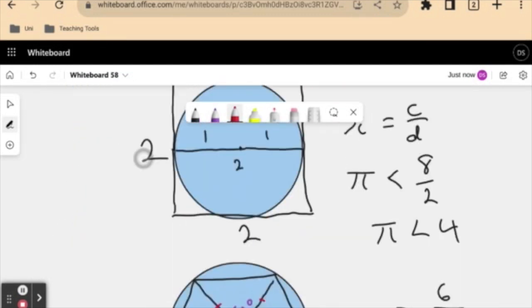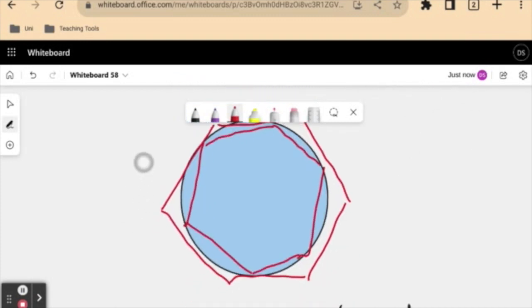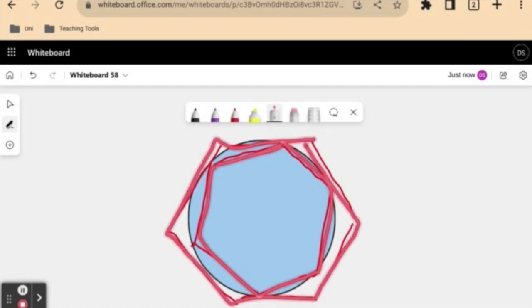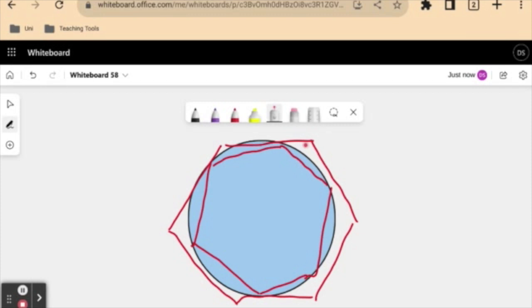So to get an approximation for what pi is, we're looking at a value it could be higher than, as well as a value that it can be lower than. And by adding more sides, we are gradually closing these bounds, smaller and smaller and smaller.